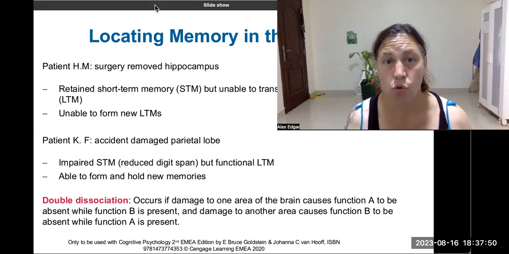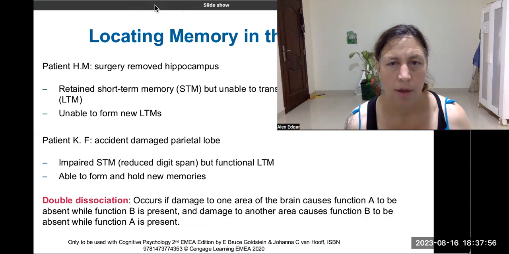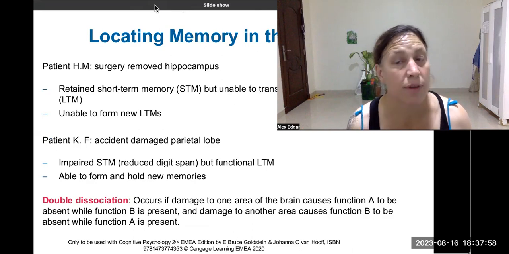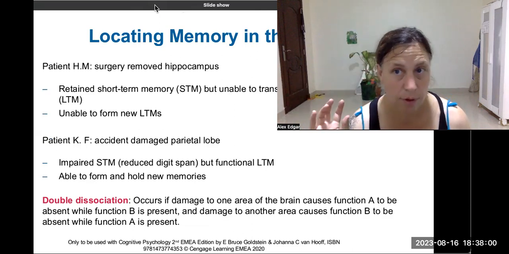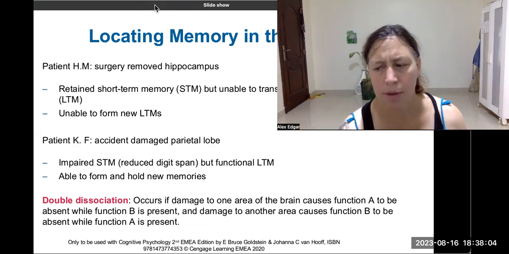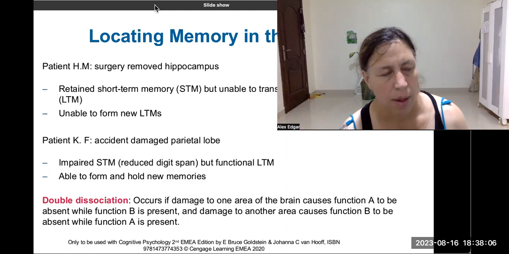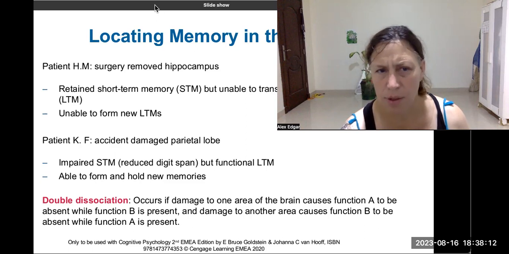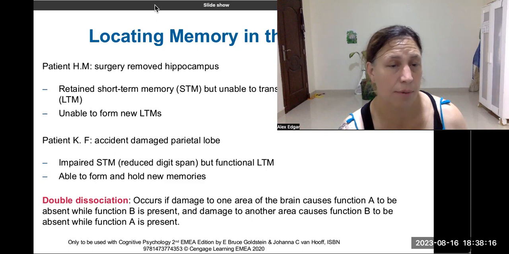He retained his short-term memory, but he was unable to transfer info into his long-term memory. So he couldn't form new long-term memories. He had all the ones he had before the surgery, but he couldn't form new ones. And this poor man, I think he must have spent his life being experimented on, or having a lot of experiments anyway. So I'm hoping to do another video so we can go into these, because these are very interesting. I'm not sure if this is going to happen though.